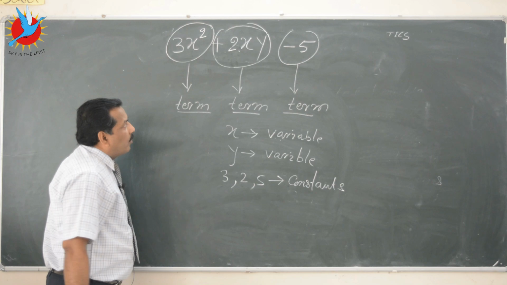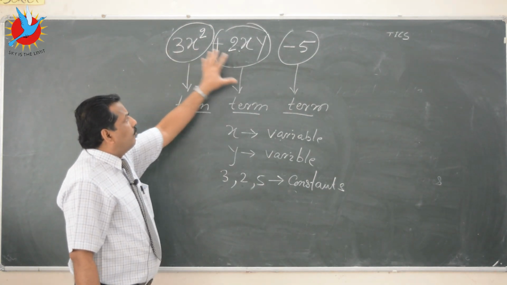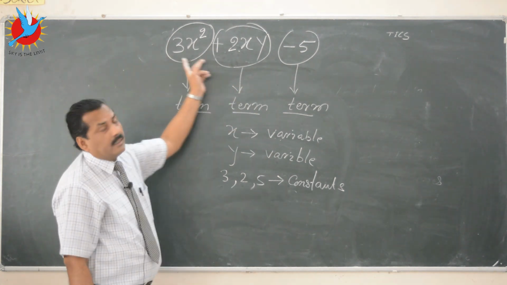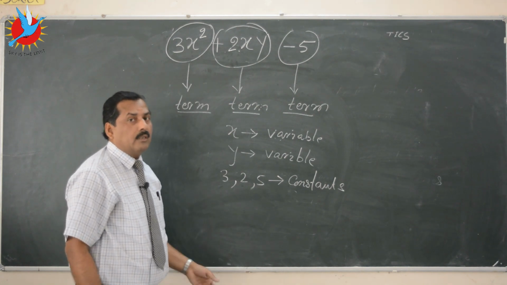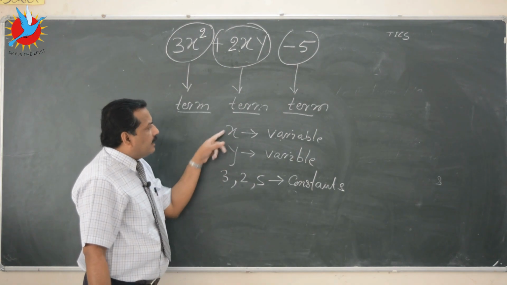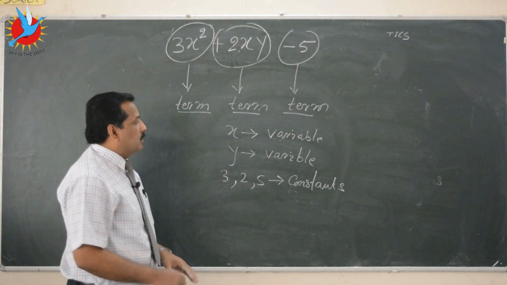So till now we have become familiar with the form of algebraic expressions. Then we can identify different terms, we can count the number of terms, and in each term we can identify variable and constant.